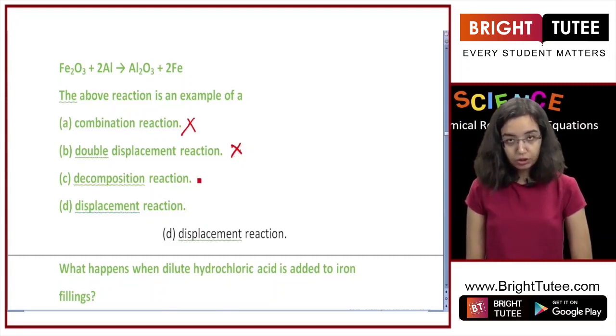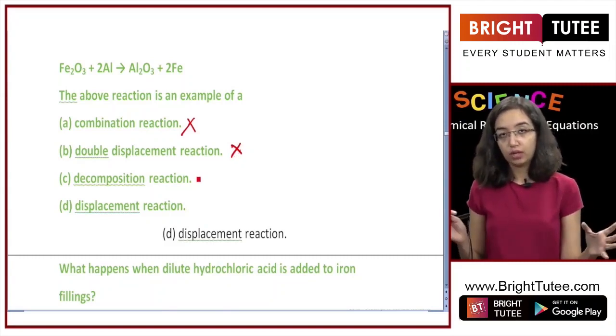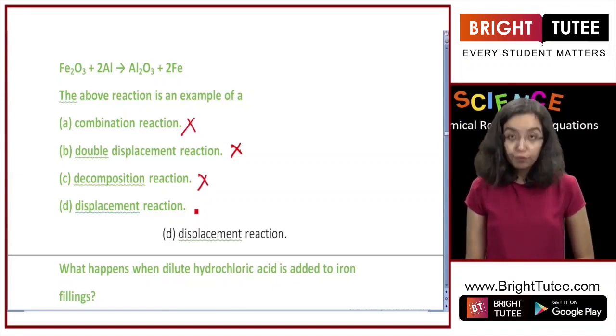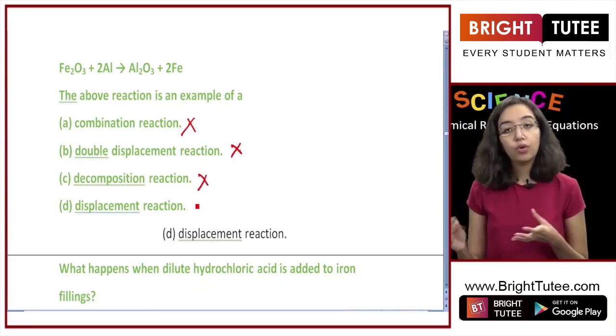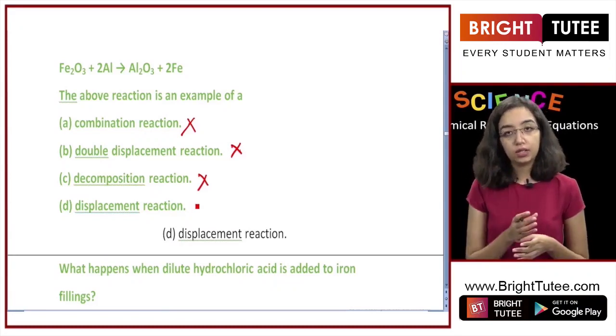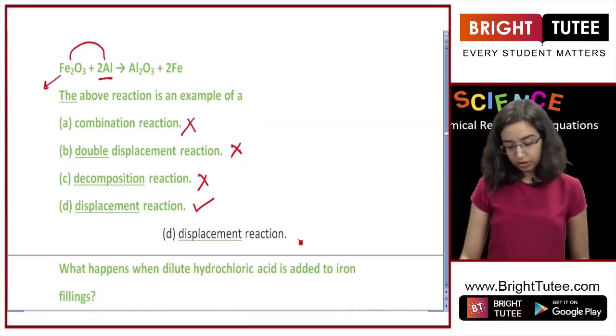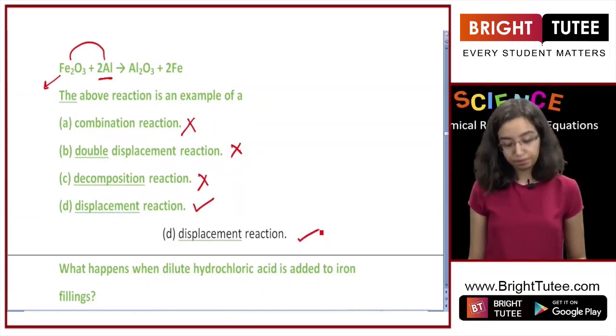For a decomposition reaction, one substance has to break into two or more substances, again not happening here. For a displacement reaction, a more reactive metal displaces a less reactive metal from its compound. This is exactly what is happening here, because aluminium is more reactive, it is displacing the iron from its oxide. So this is a displacement reaction.